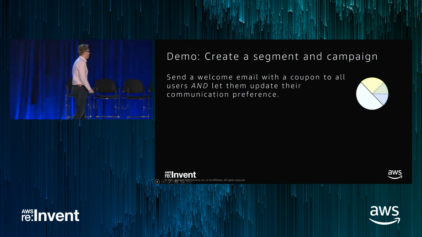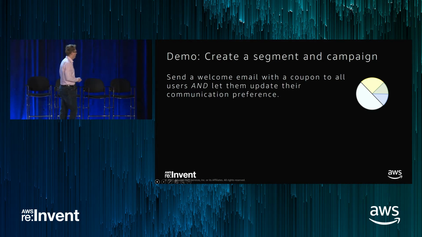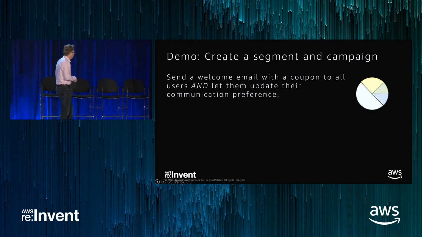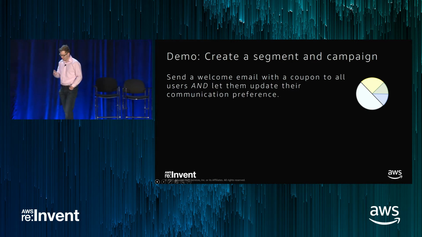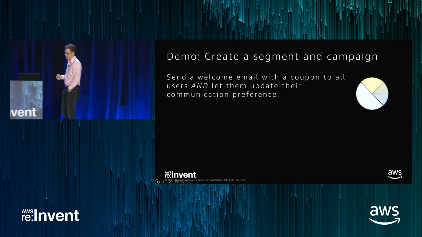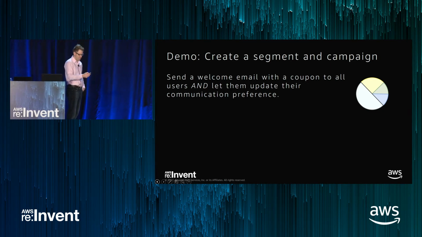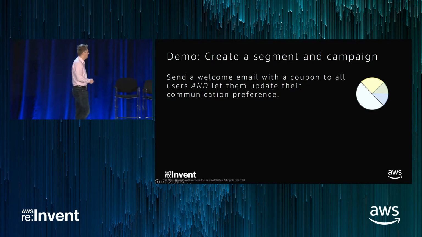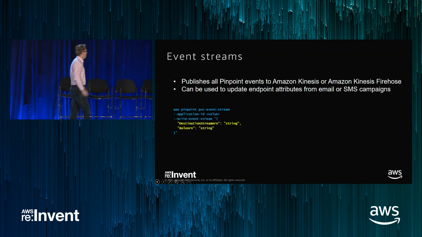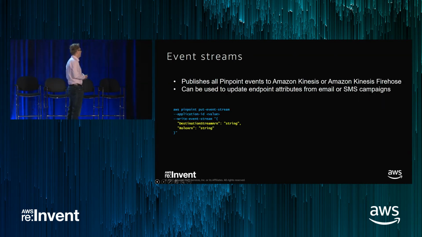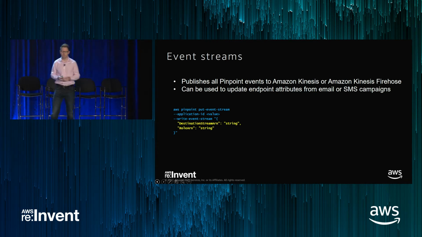And here's what we can do. So I did the first part. We sent the welcome message. Now we're going to incentivize by offering a coupon to the folks that clicked on the welcome message. But how do we know that they clicked on the welcome message? For this, we're going to use another feature of Pinpoint called event streams.